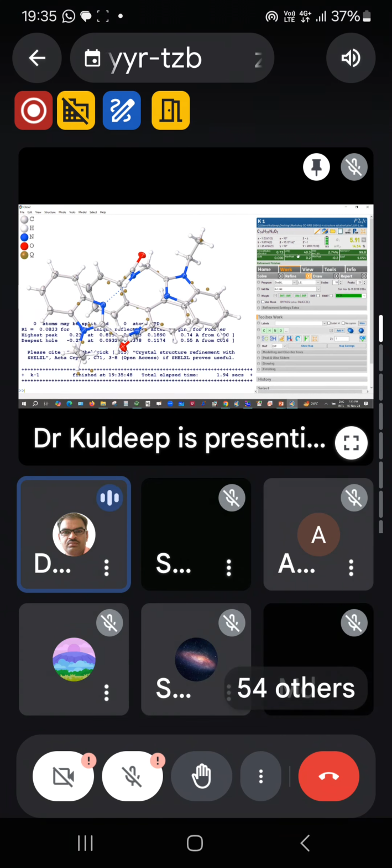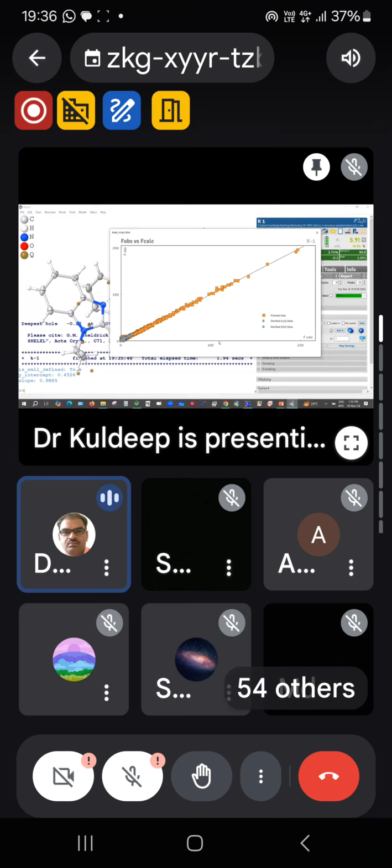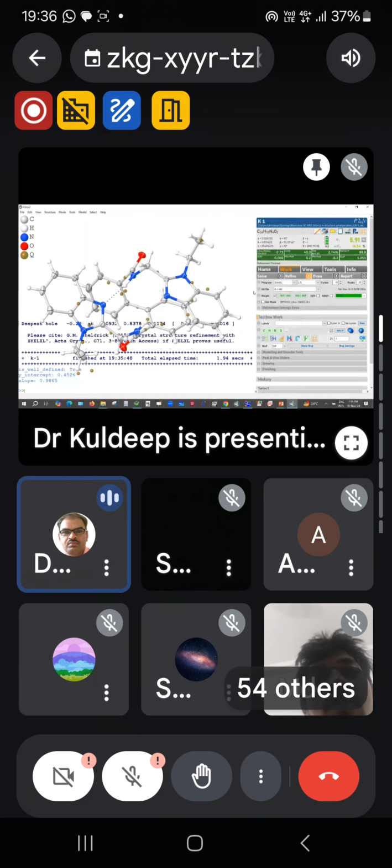Okay. So now everything is looking nice. If I press this percentage button, you can see the F observed and F calculated are matching almost exactly with each other. Now the refinement has converged and the model is looking nice.